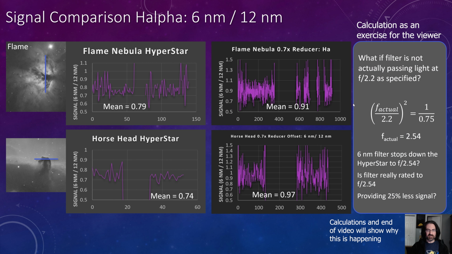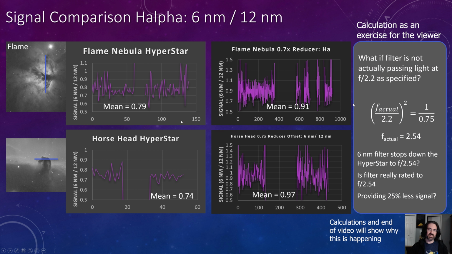If we were to compare the magnitude that we saw for the 6 nanometer compared to the 12 nanometer and divide those signals and look across those cross sections, we would see that there's a mean of about 0.79. So the 6 nanometer signal is about 80% that of the 12 nanometer. If we were to do the same analysis with the Horsehead, we end up with a mean of about 0.75.